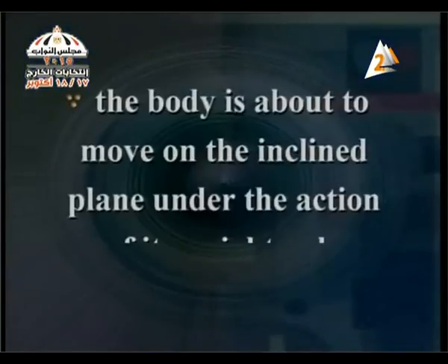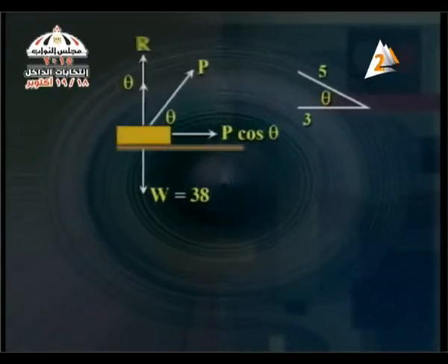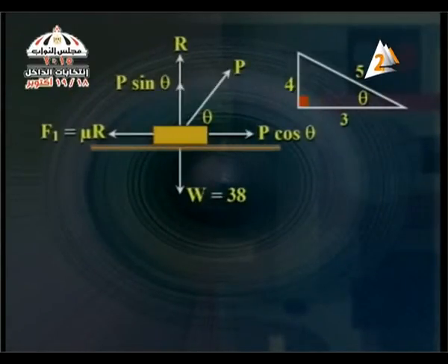Solution. Since the body is about to move on the inclined plane under the action of its weight only, therefore, as you see in the figure, the body is placed on a horizontal plane. Its weight is downwards, 38, and R is upwards.